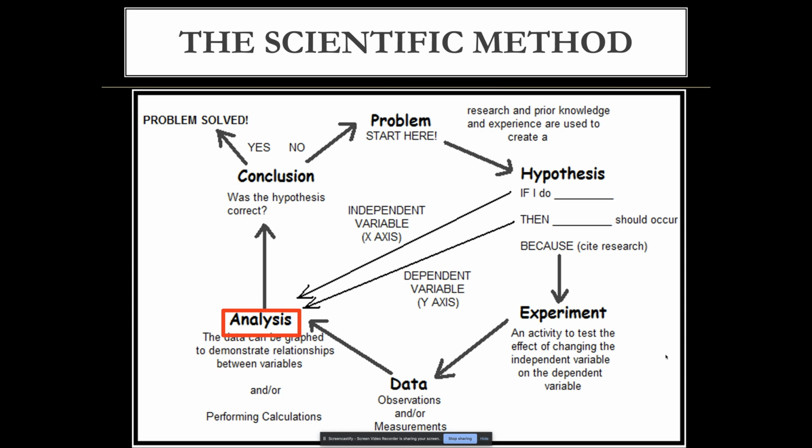In chemistry, this will frequently be done by graphing your data to demonstrate the relationships between the variables. Is it a direct relationship? Well, in that case, you have a linear equation, and you can actually create a y equals mx plus b formula to relate your x-axis to your y-axis.